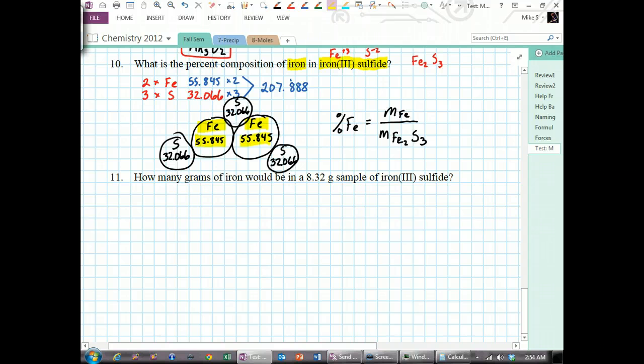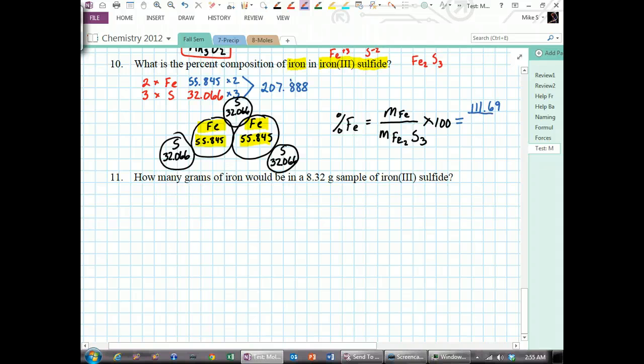both their masses. And when you add up the 2 masses of iron, and remember, multiply by 100 because it's a percentage, you add up their 2 masses of iron, you get 111.69.